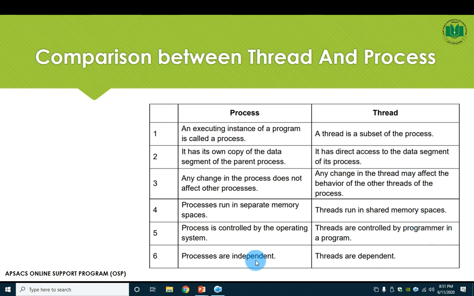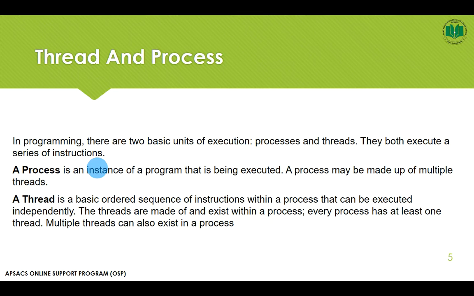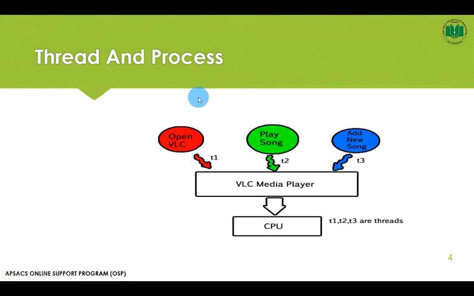Processes are independent of each other, but threads are dependent on each other. For example, we have discussed the VLC media player example. There are 3 threads in a process. If I do not open VLC media player, will I be able to play some song?